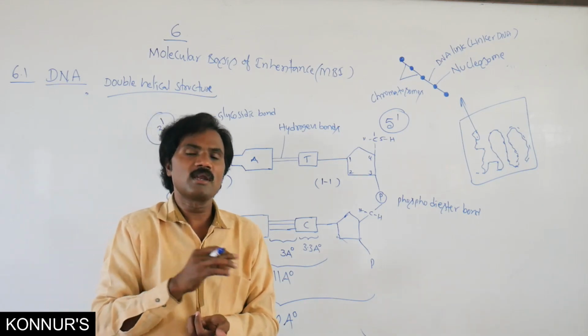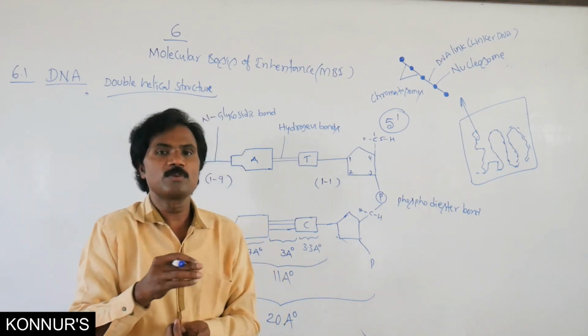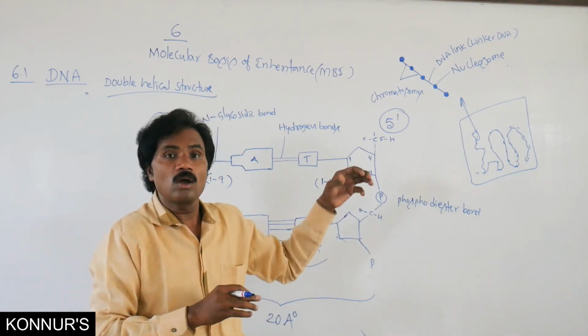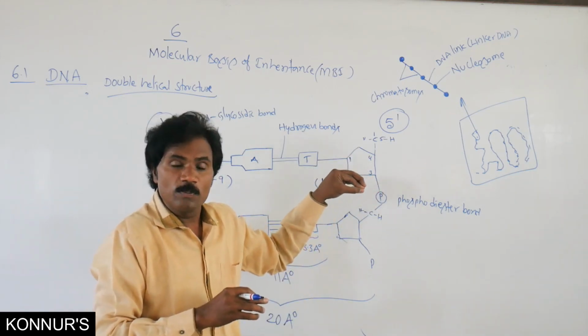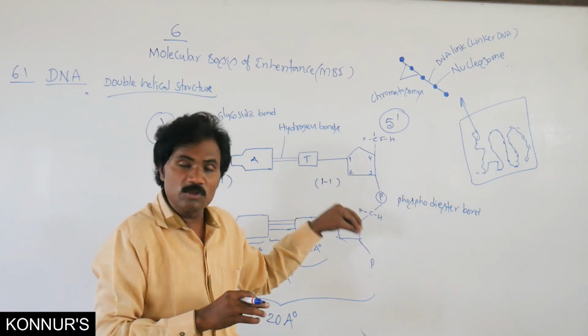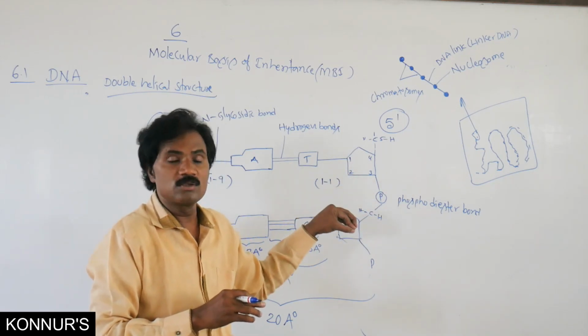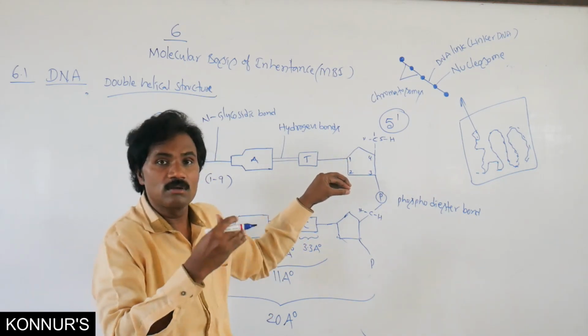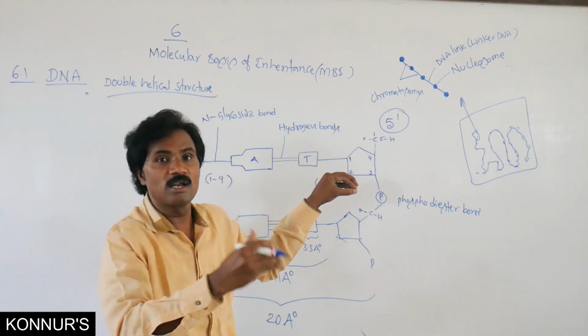Apart from this, hnRNA is present, then small nuclear RNA, along with the major ones. tRNA is very important for transmission.